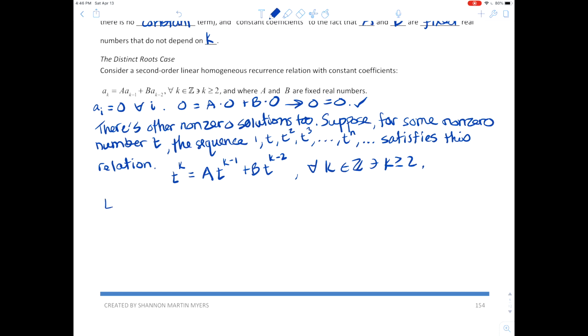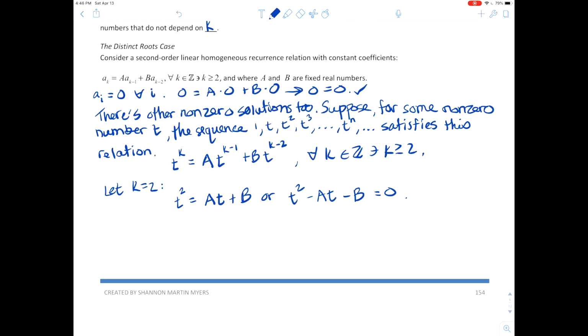Now, if we let k equal 2, we end up with something that is quadratic in form. We would have t squared is a times t plus b. Or if we get 0 on one side, hence the term homogeneous, we would have t squared minus at minus b is equal to 0. Good so far?